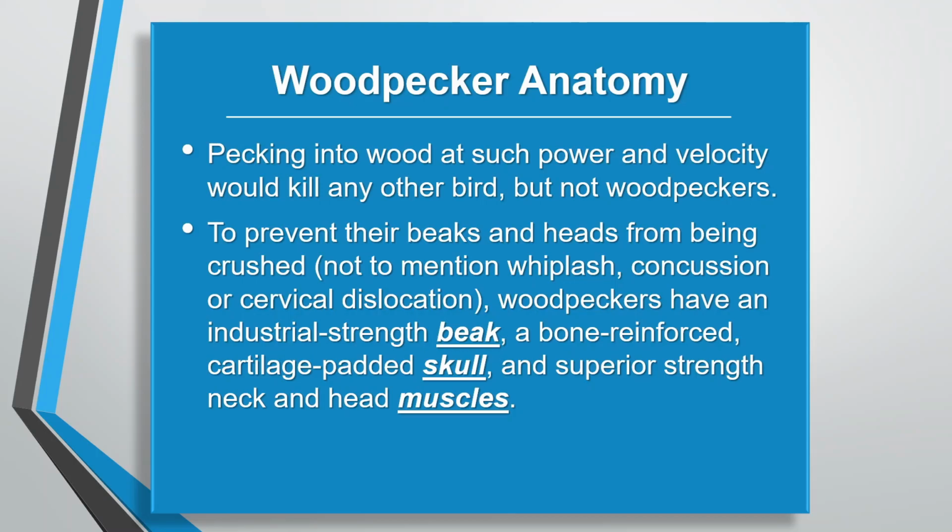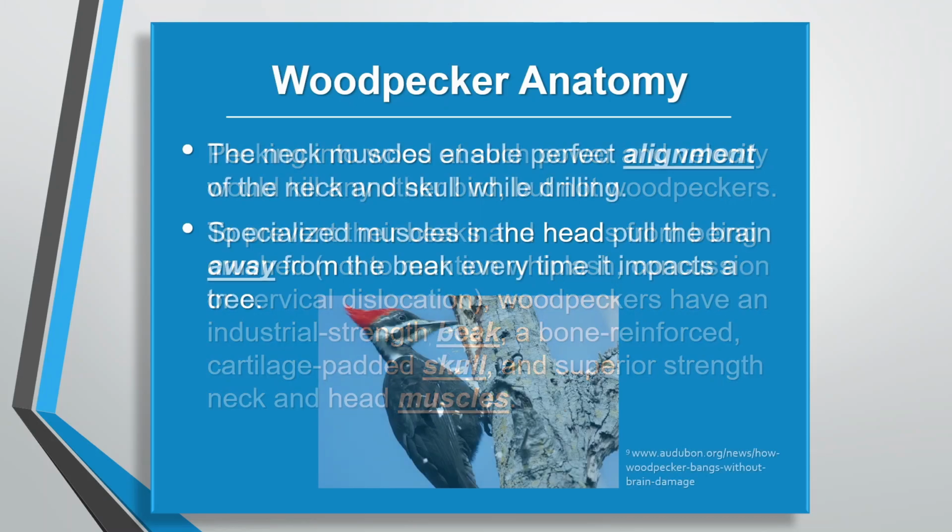To prevent their beaks and heads from being crushed, not to mention whiplash, concussion, or cervical dislocation, woodpeckers have an industrial strength beak, a bone-reinforced cartilage-padded skull, and superior strength neck and head muscles.